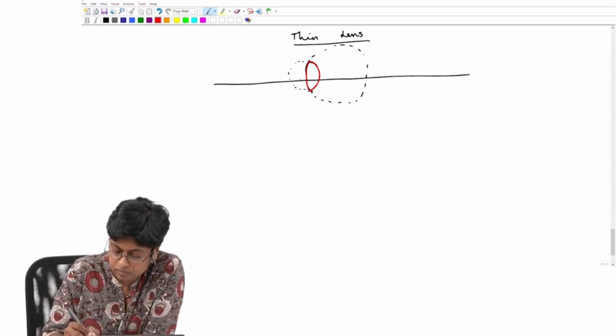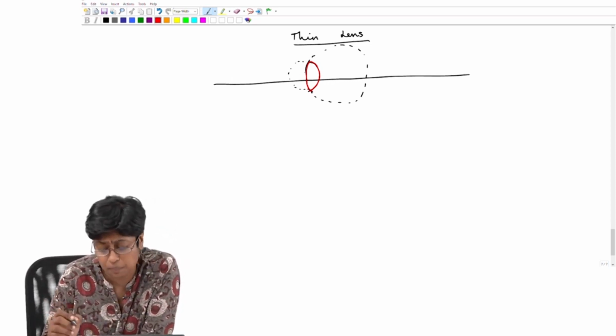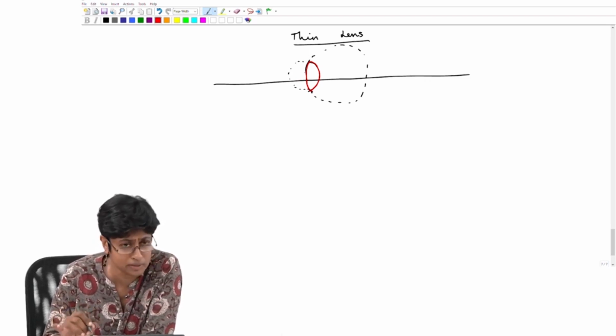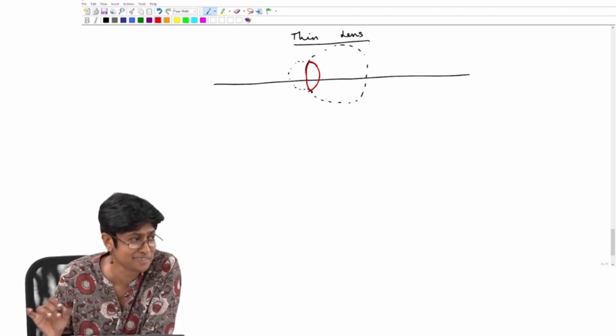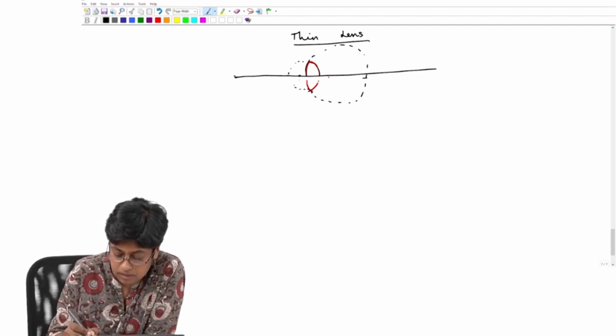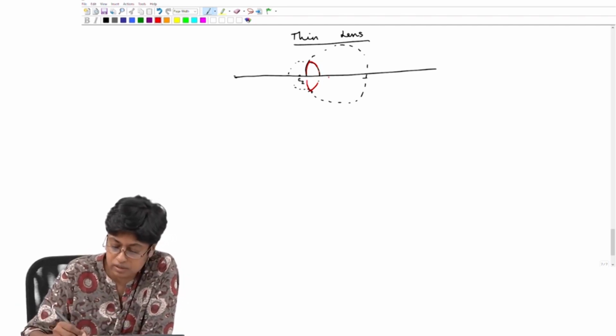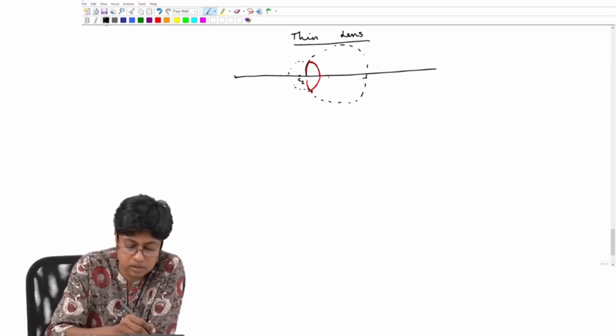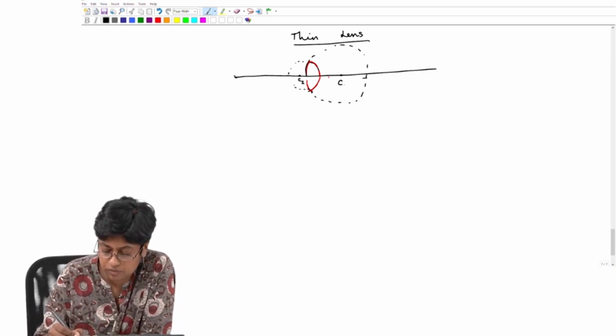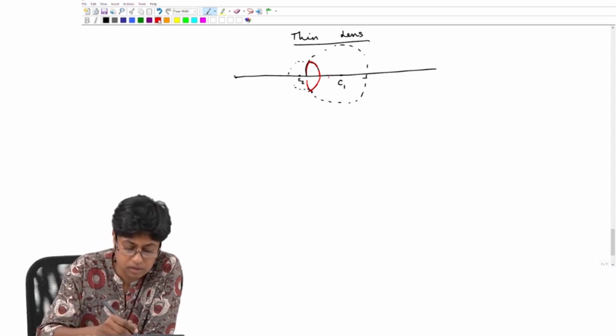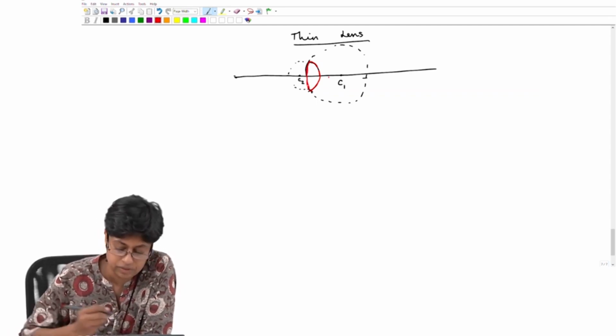I have not drawn these properly. The optical axis should be going through the center of the circles. This I call C2, the center of curvature of this circle, and this is C1, the center of curvature of the first interface light will see.